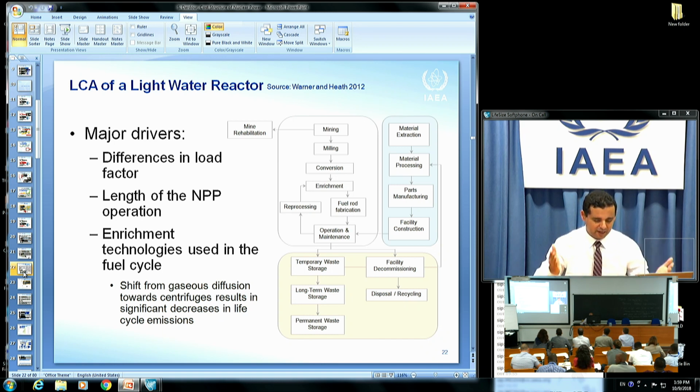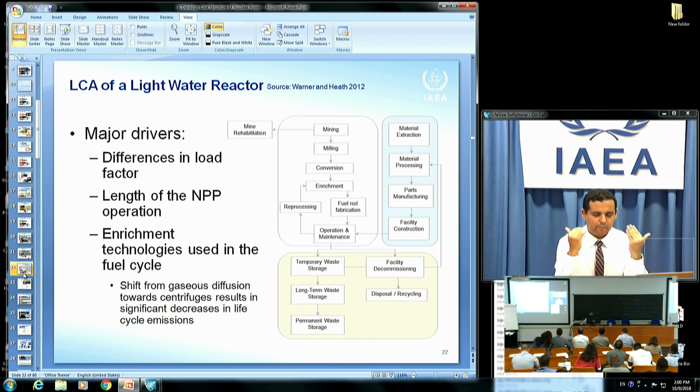So this is a life cycle analysis, which is used as a basis to quantify the volume of pollutants or CO2 emitted per kilowatt hour of electricity produced. And this is the reason why, for instance, nuclear or renewables are not totally carbon free. There is a small amount of emissions associated with, for instance, enrichment in nuclear.